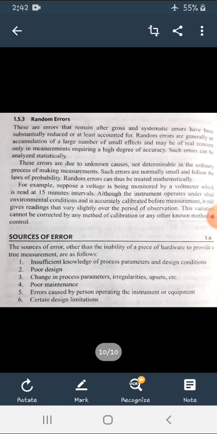If there is no gross error and no systematic error, then which kind of error is there? This kind of error is called random error, and randomly it gathers in the system and damages the measurement.